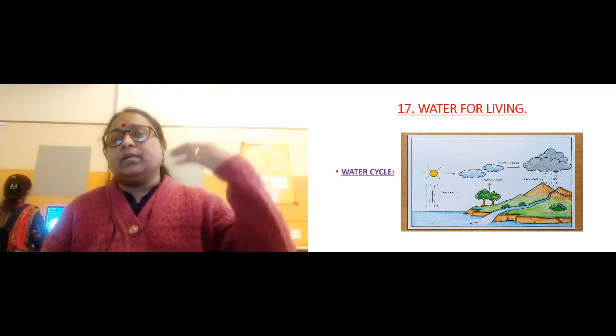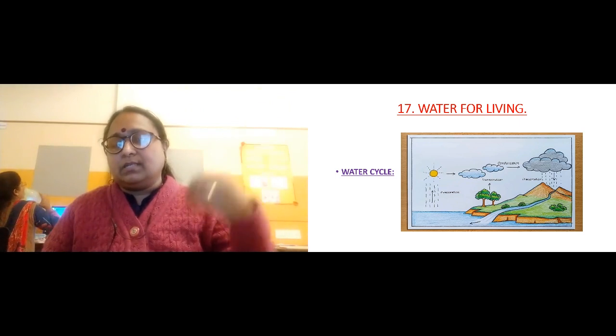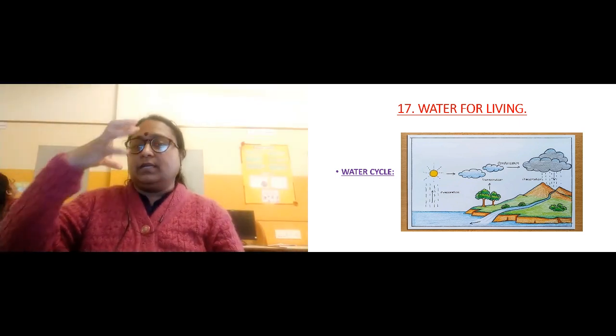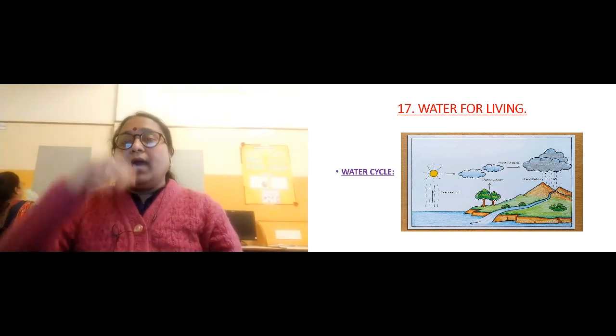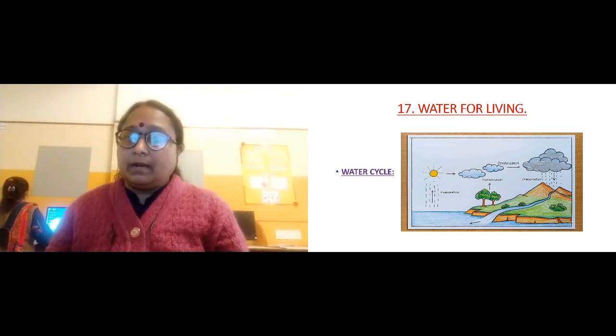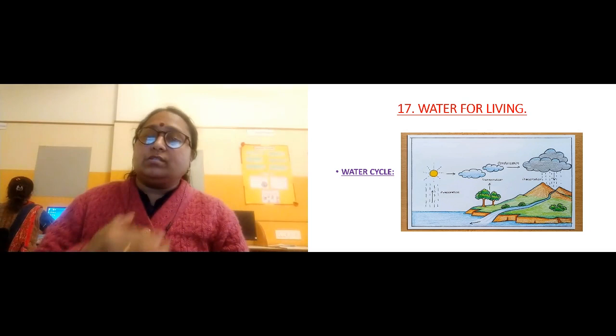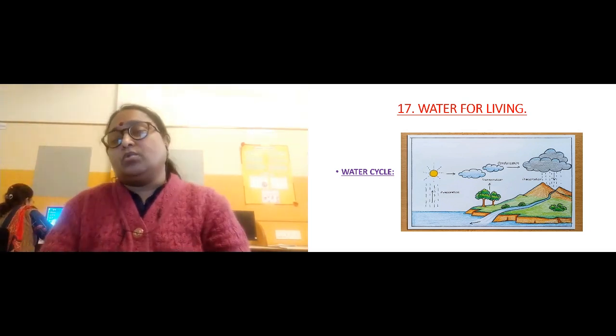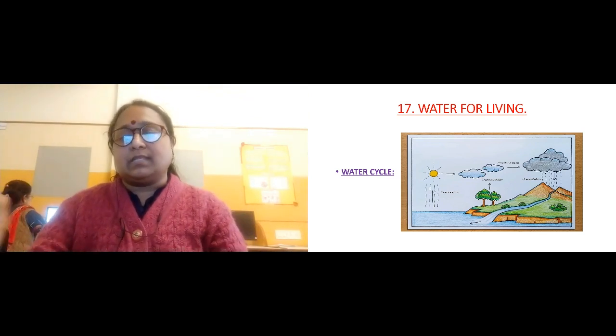Again the water evaporates due to the sun's heat, and it reaches the atmosphere, it forms droplets of water, then droplets join and form clouds, and then the clouds become heavy and come down as rain. So the process is continuous. The formation of water process is continuous, so we call it the water cycle.